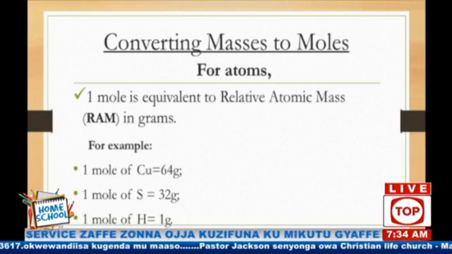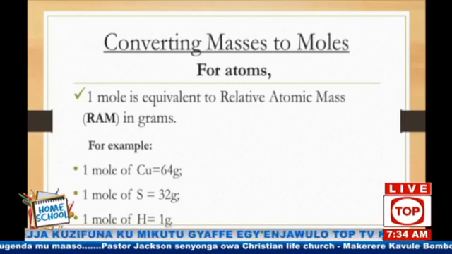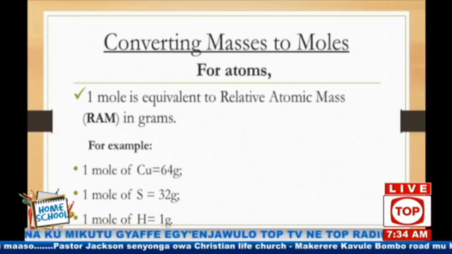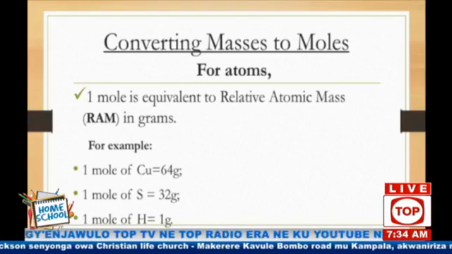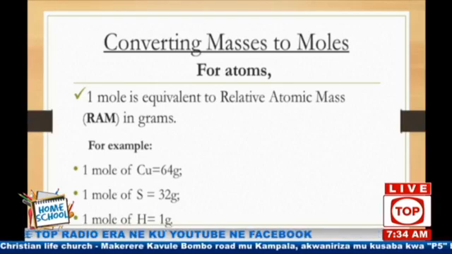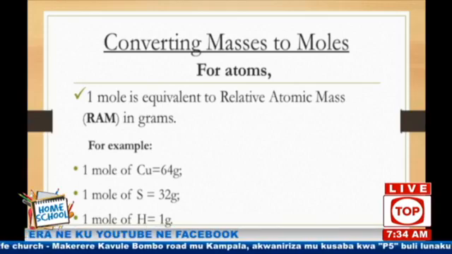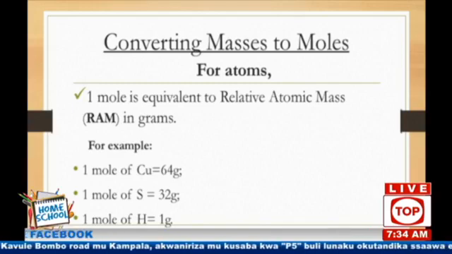You can look at it there. We have said the relative atomic mass, that is RAM, or you can call it relative molar mass, which is RMM. It can be relative molar mass or relative atomic mass.